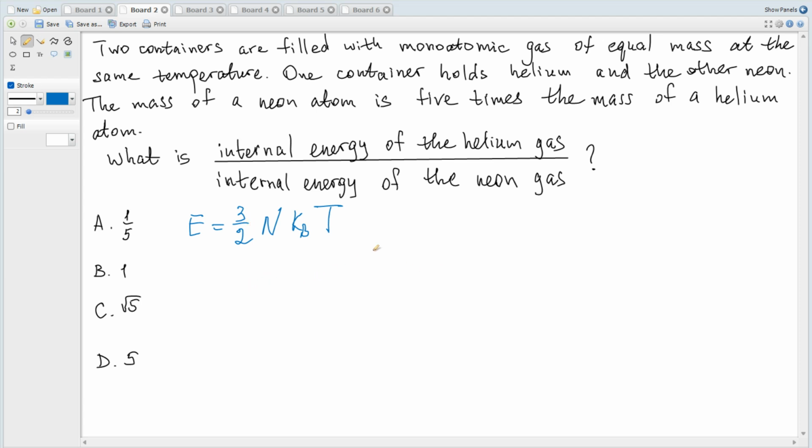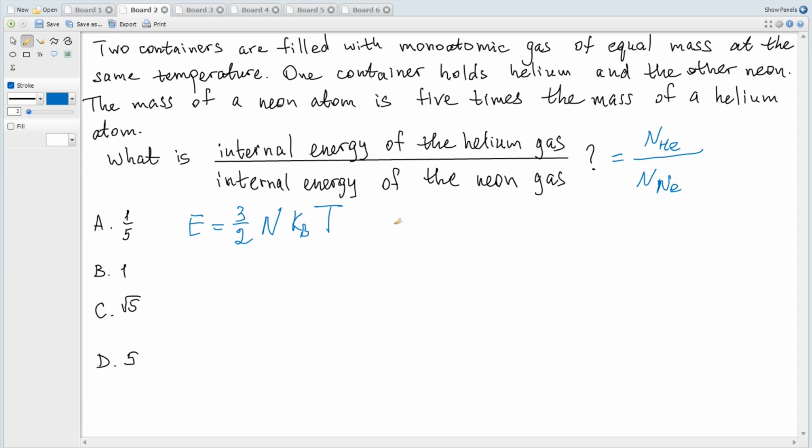So we get that the required ratio is number of helium particles to number of neon particles.